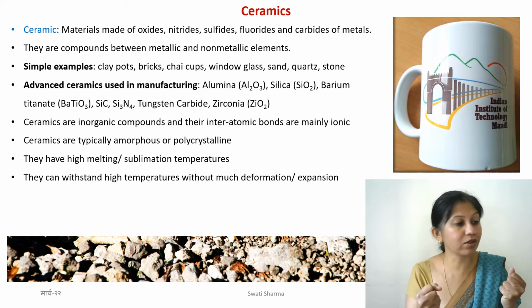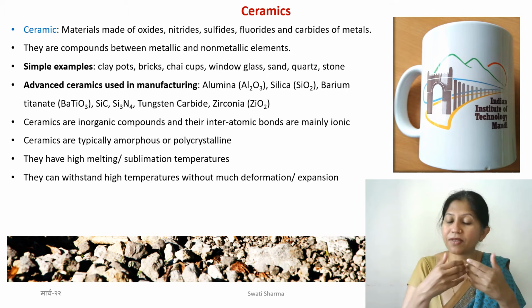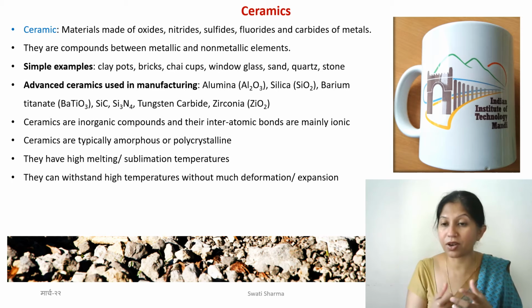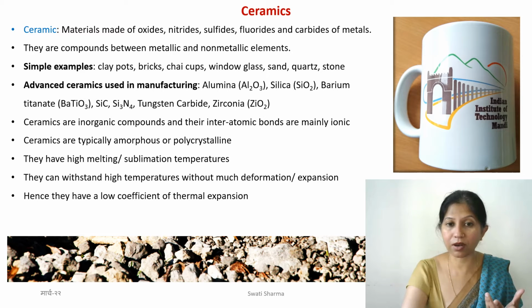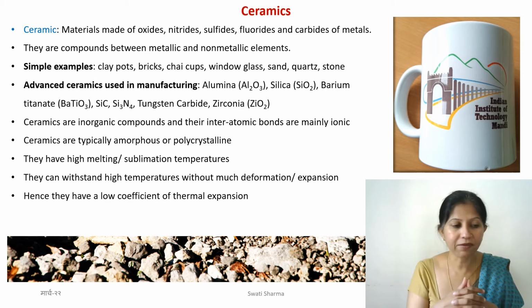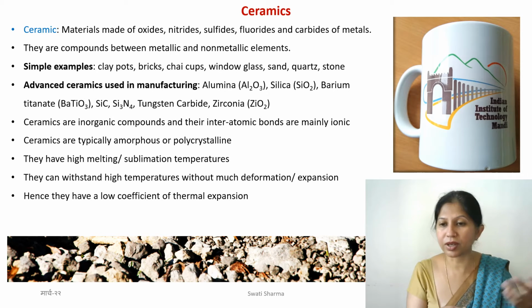Metals can also withstand high temperature, but they will have some expansion, and in fact we also know there is a property known as thermal expansion and thermal expansion coefficient. So what is the definition of thermal expansion coefficient? How much does anything expand when we increase the temperature by 1 unit?